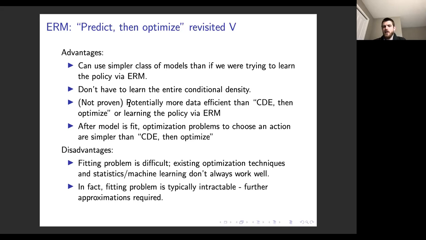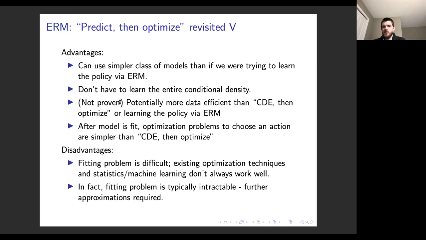So in theory, or at least intuitively, that could make it more data efficient than CDE then optimize, or than empirical risk minimization for learning the policy. However, at this point, that's not proven yet. And it's still an open question whether that's true in practice.